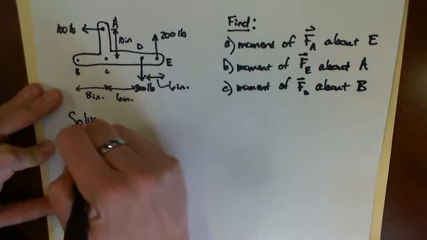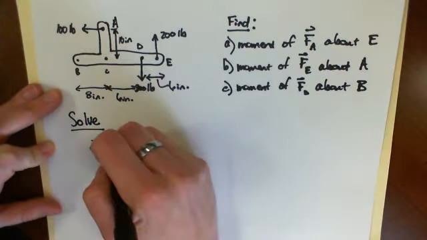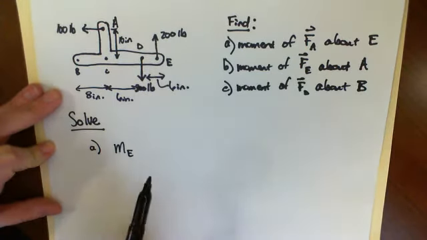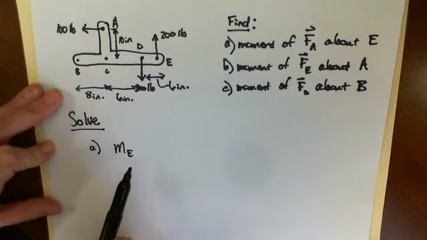So for A, I need to find the moment about E, and the subscript that you use is the point about which you are taking the moment.